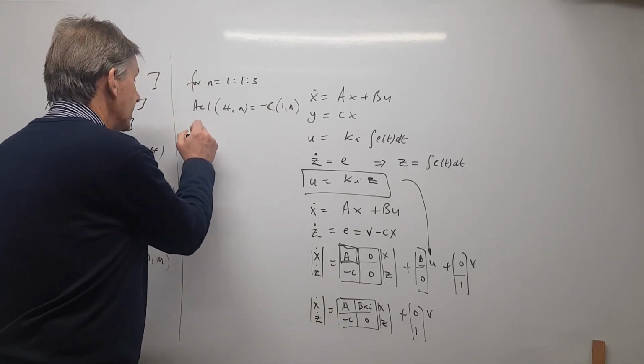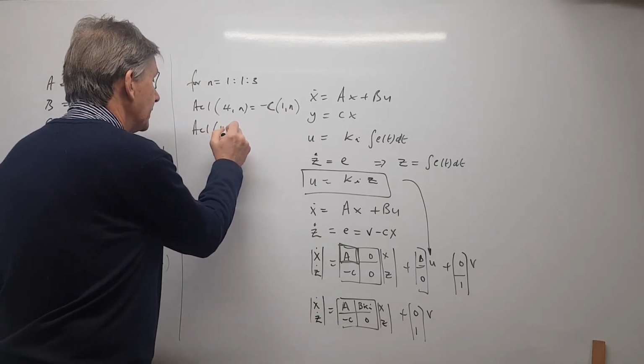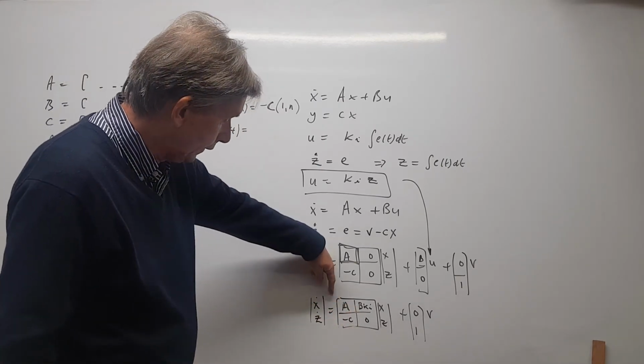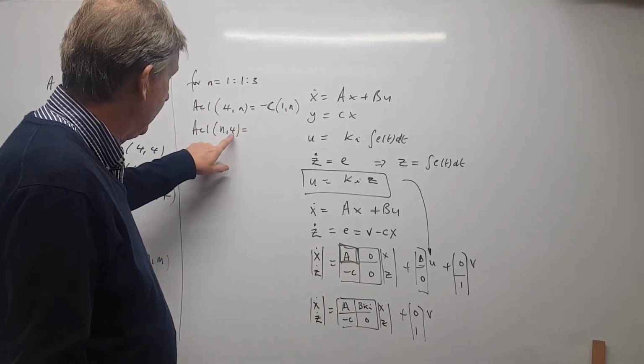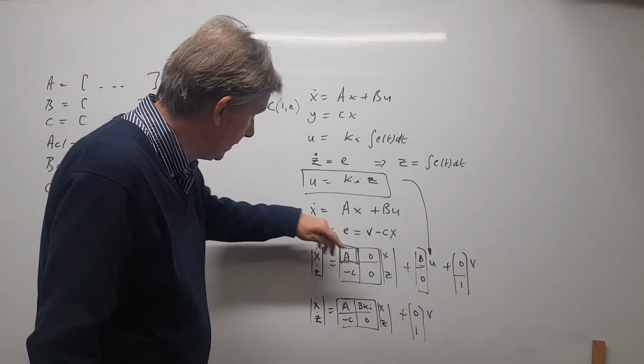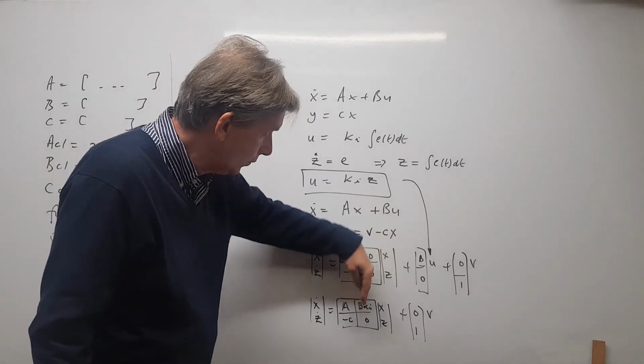And then we can have ACL, n, 4. This one now is the 4th one along, so this is going this way, and this is going that way, so it's the 4th one.